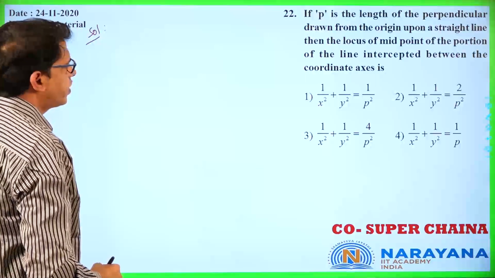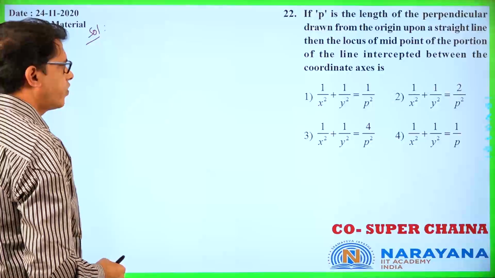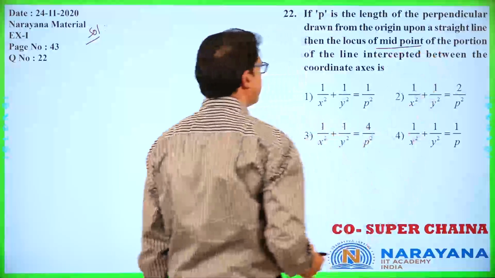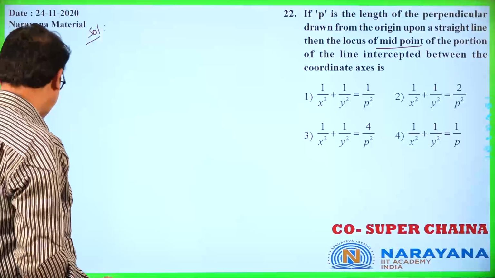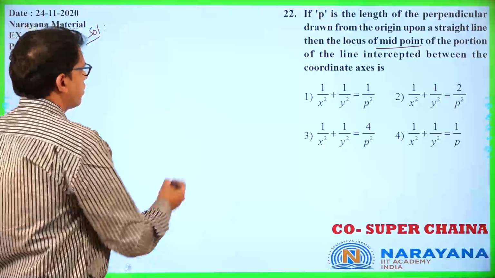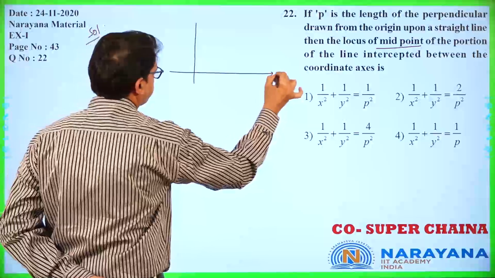P is the length of the perpendicular drawn from the origin upon the straight line. Then we have to find the locus of the midpoint of the portion intercepted between the coordinate axes x and y, right?